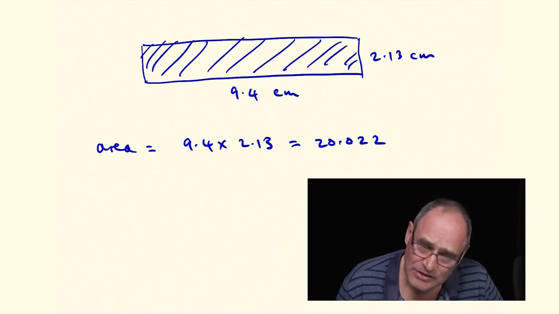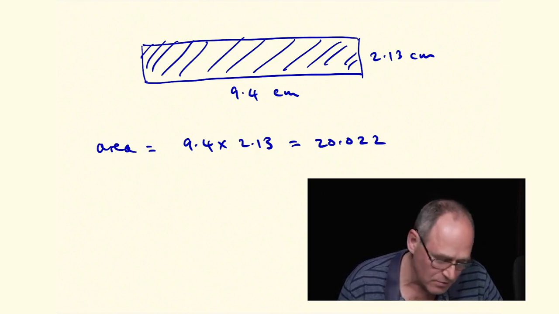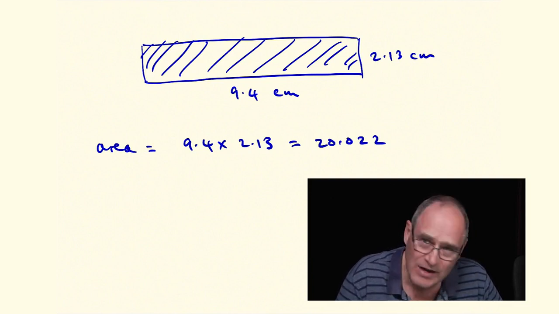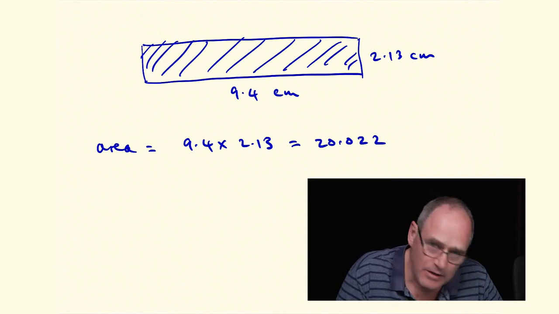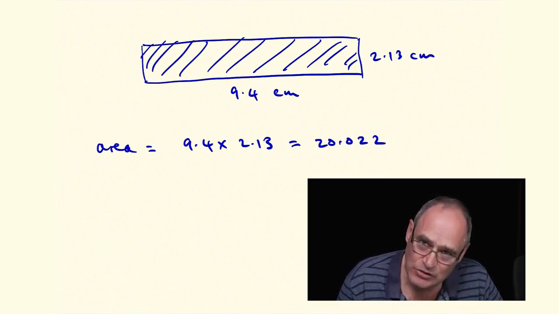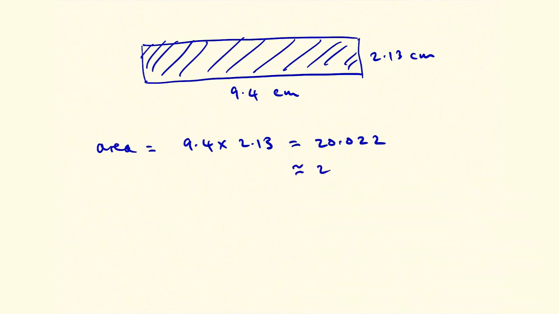The rule for multiplication is that you quote your answer to the least number of significant figures that appear in each of the numbers that are used in the arithmetic. The number of significant figures is the number of digits, regardless of the decimal point. So the 9.4 uses 2 significant figures, the 2.13 uses 3. So we quote our final answer to 2 significant figures, which gives you an approximation of 20 square centimetres.